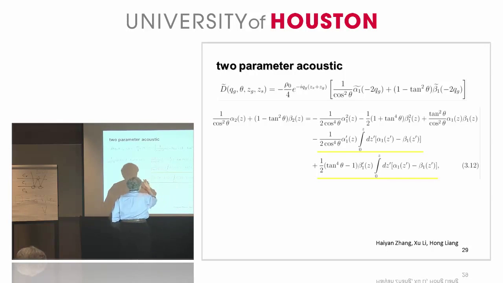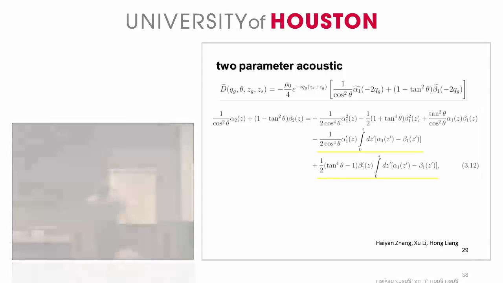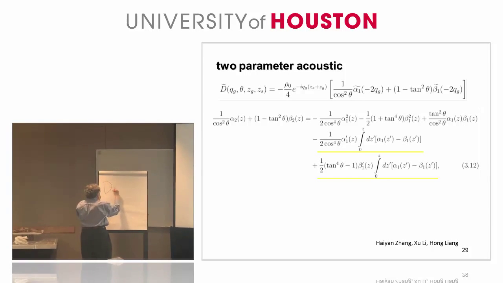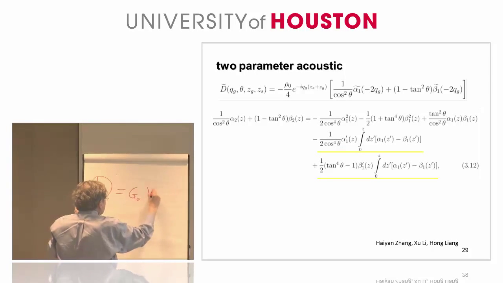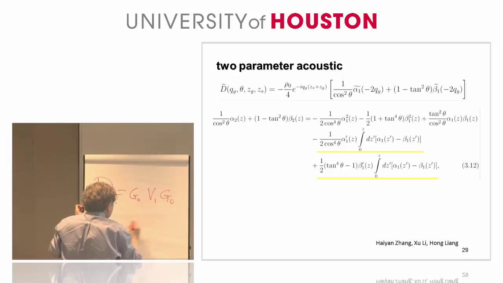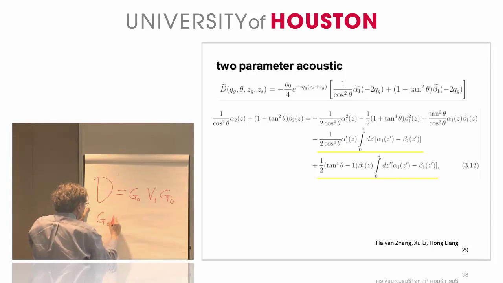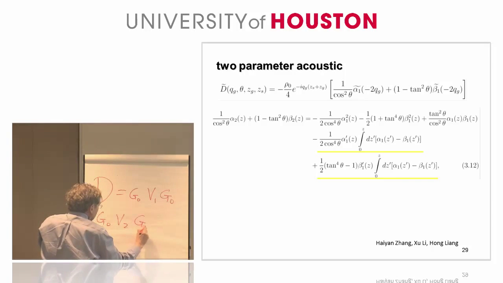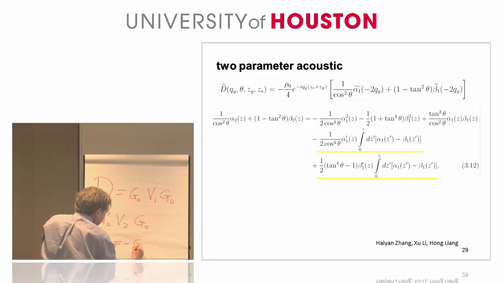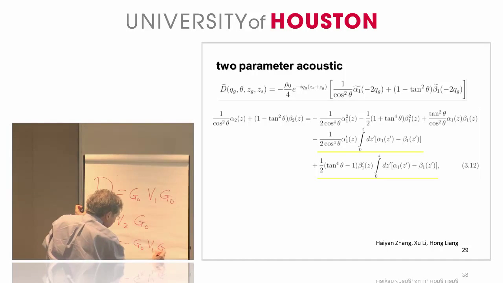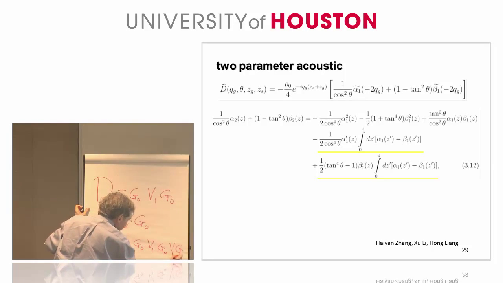This is an interesting case. You've got data equals G0, V1, G0. The next guy is G0, V2. G0 is minus G0, V1, G0, V1, G0.